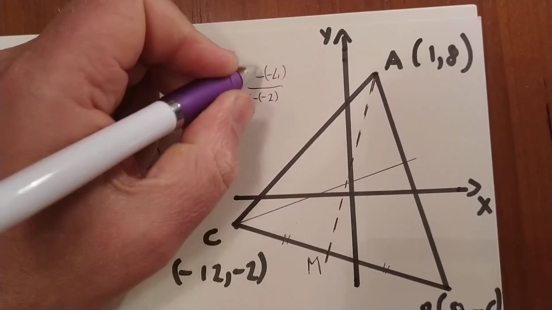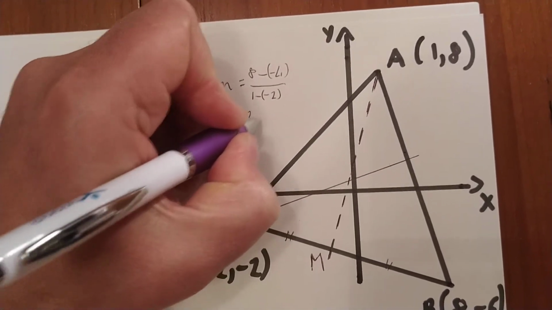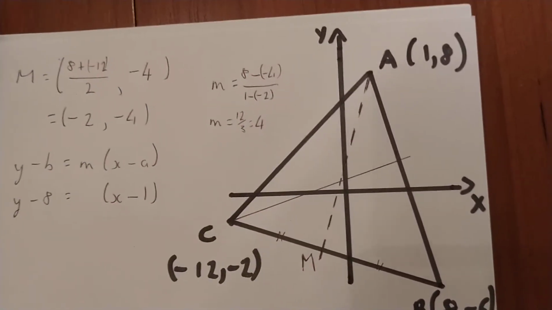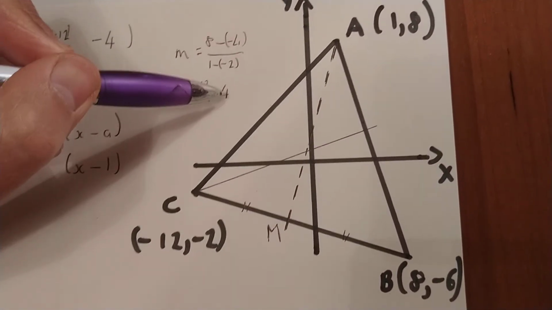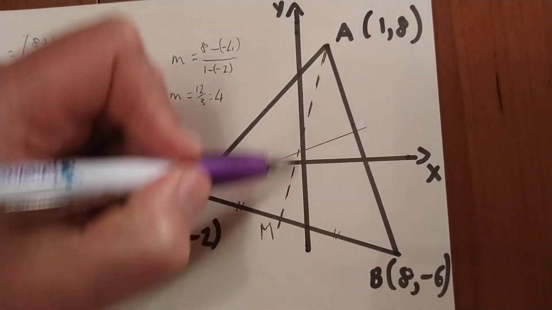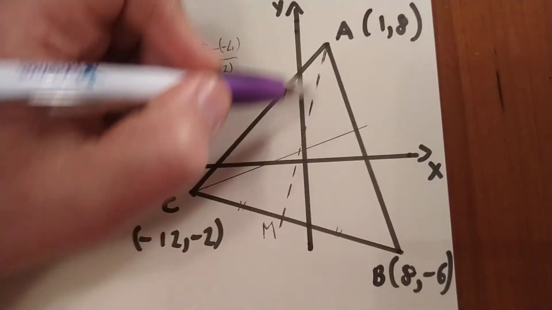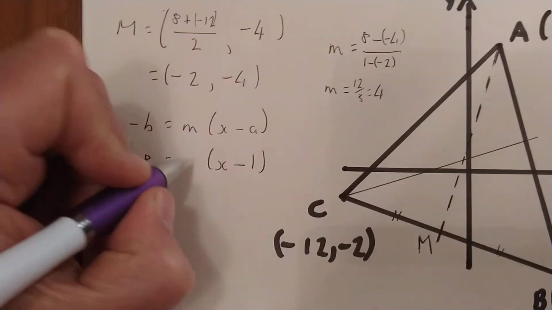Gradient of my line will be 12 over 3, which is 4. Again, let's check that makes sense. Why it's so often such a good idea to do a sketch. Could the gradient of this line be 4? Yes, it's definitely positive, going up from left to right, and it looks fairly steep, even though this is just a sketch, so 4 is a perfectly sensible answer. So I'll plug my 4 in here.